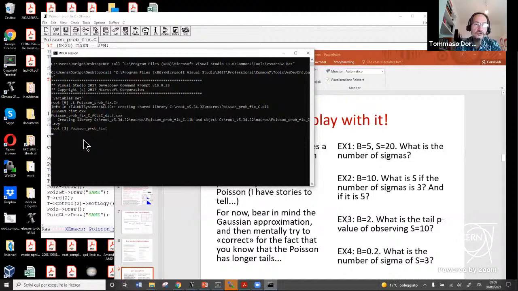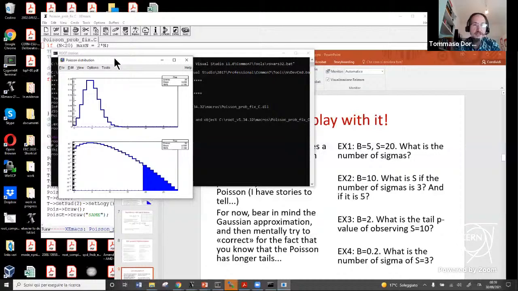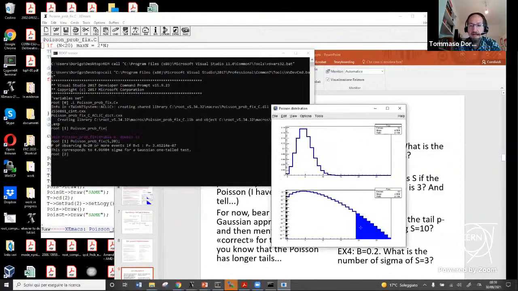I just call the function, and with the tab I can remind myself what I need to put. I will put 5 for the background and 20 for the signal. This gives me this nice graph, which highlights the fact that this tail is very small. If I read off the result, the probability is 3 × 10⁻⁷. That corresponds to a little bit less than 5 sigma. So not 7 sigma, but 5. That's because the Poisson is not the Gaussian.